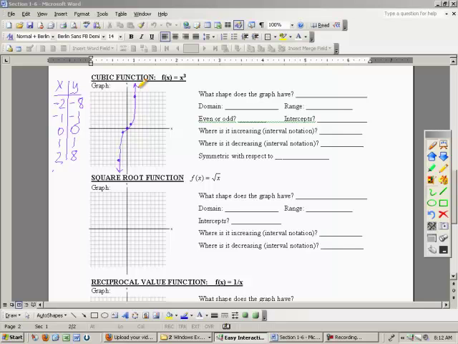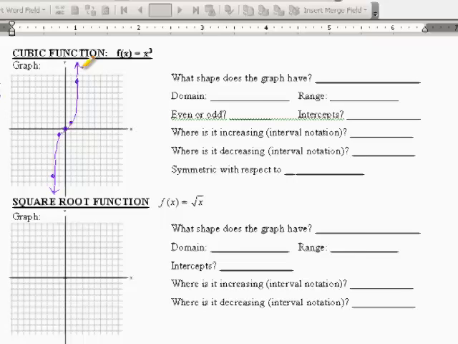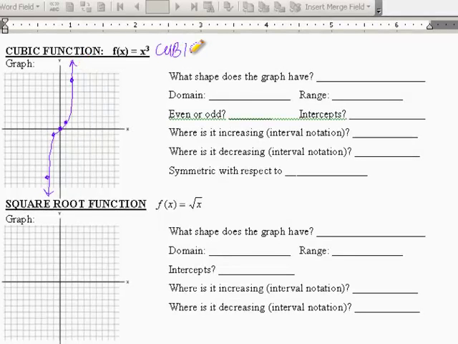In your description, what shape? The reason we ask you this is basically so that you can describe this once you see a cubic. Anything cubed, you should kind of know its shape. And so a lot of people describe this as S-shaped. I don't know if you can kind of see it. Or squiggled, I've heard, anything like that to make sure you know what it looks like.